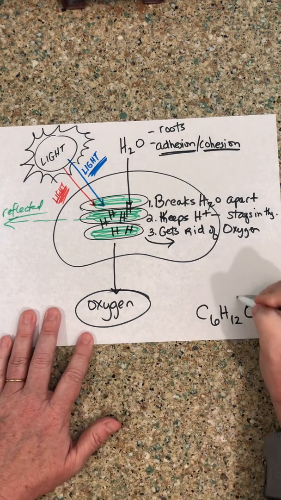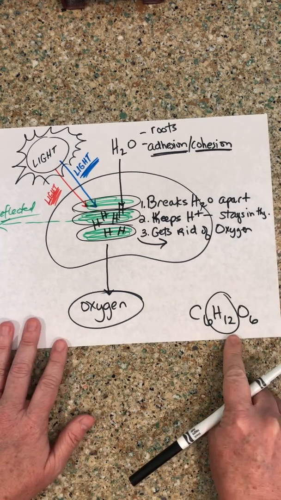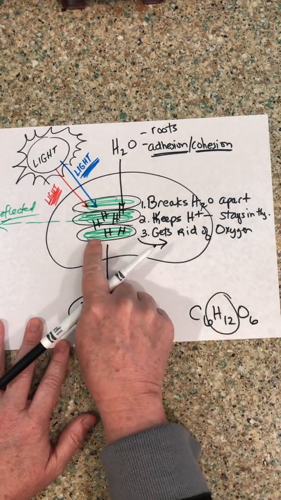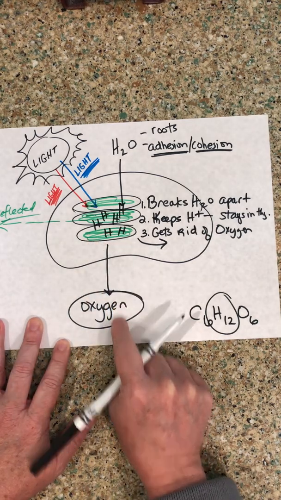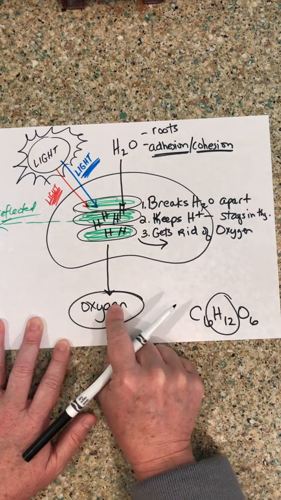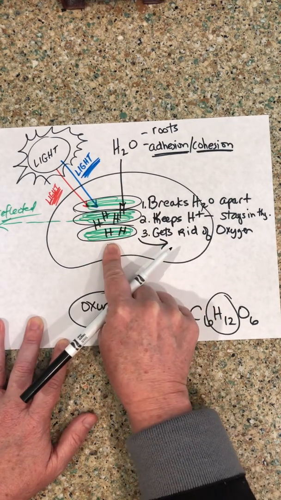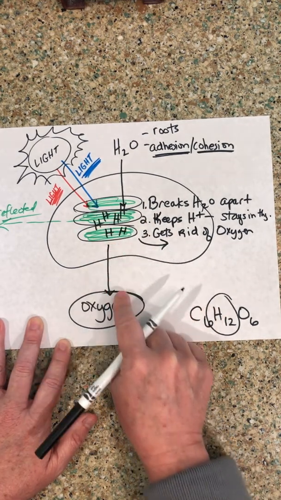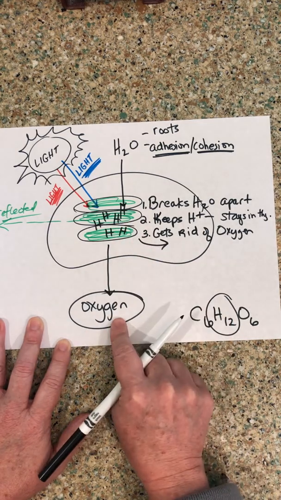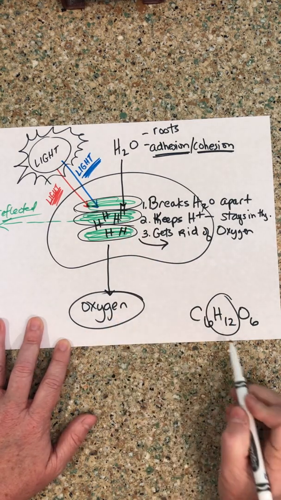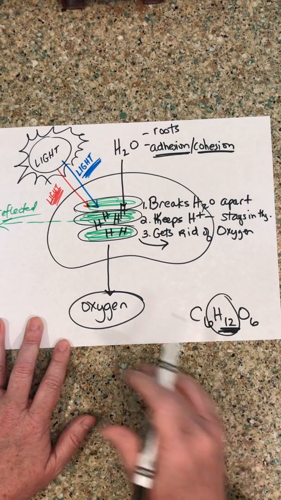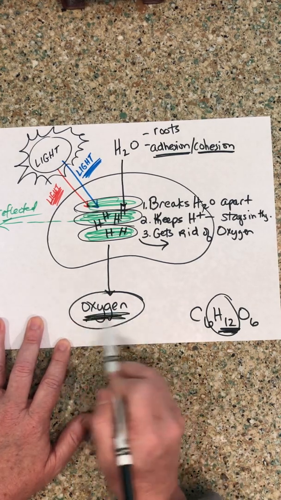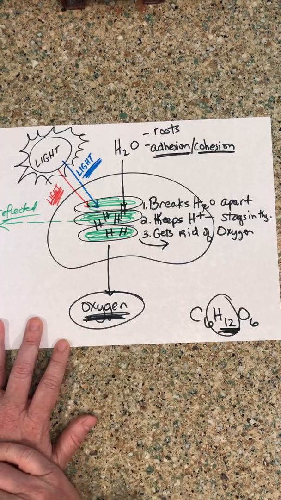So this H12 ingredient is where that's coming from, the hydrogen that it rips apart from the water. The water molecules get all ripped apart in the light reaction, and they keep the hydrogen and get rid of the oxygen. So there's where that sugar that you eat, that hydrogen came from water, and that oxygen that you breathe, that oxygen came from water.